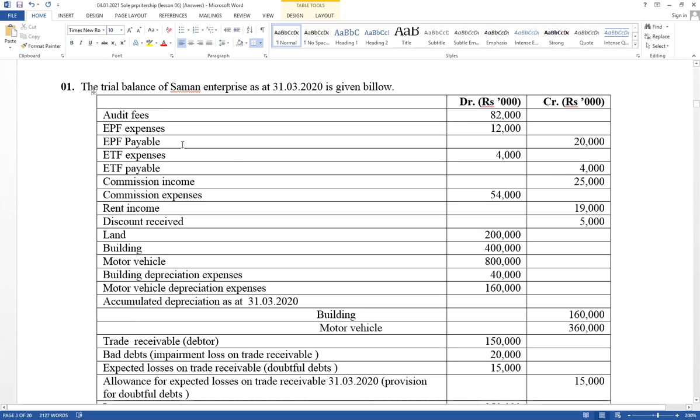EPF payable under current liability. Current liability should be included in the second column, financial position. Then EPF, ETF expense should be included under administration expense. EPF payable, current liability. And commission income, other income. Commission expense, distribution expense.